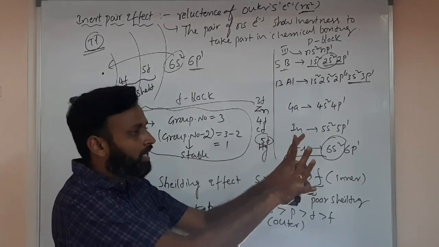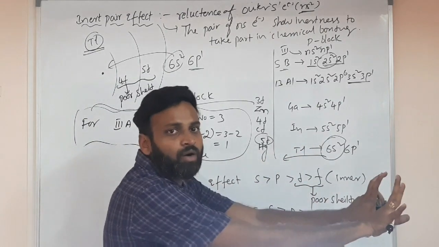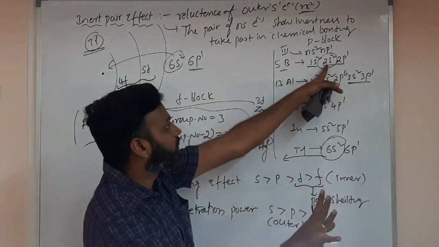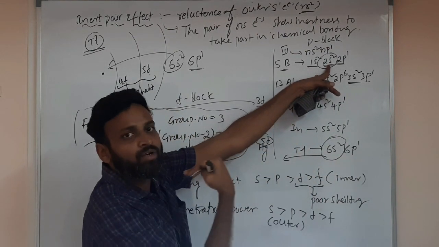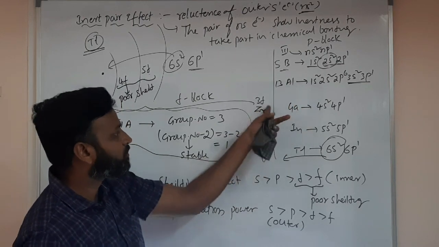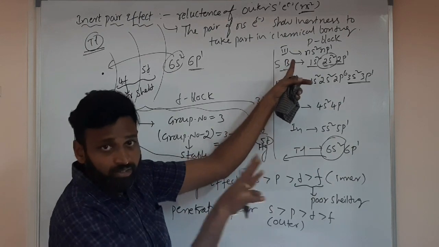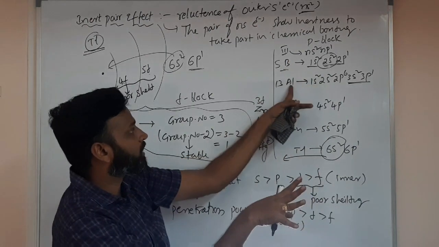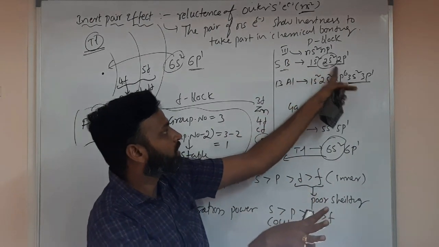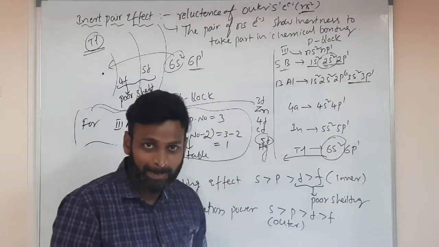The inner subshells push the outer electrons. So outer s electrons are not attracted towards the nucleus in boron, aluminium, even gallium somewhat, but still that shielding effect is more. Certainly these outer s electrons are not attracted towards the nucleus.